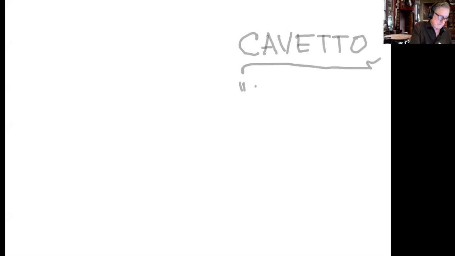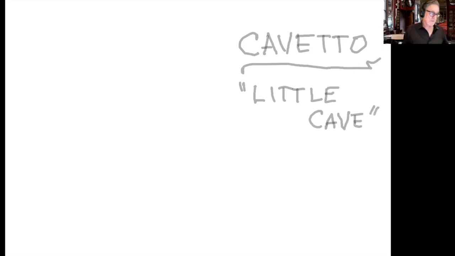Cavetto means little cave. And it's easy to see why. So most of the time the cavetto is semicircular in geometry, not always, but often. We kind of think of it that way.